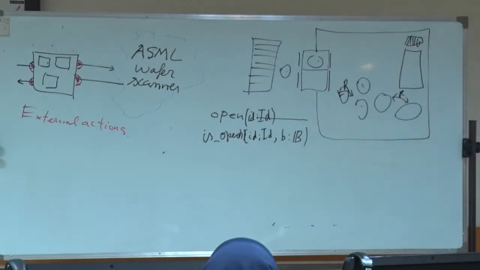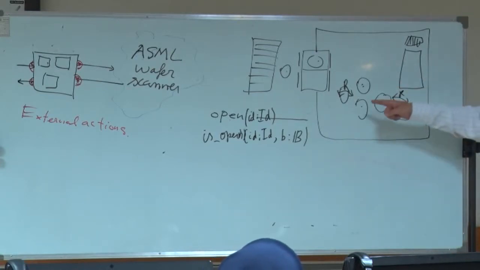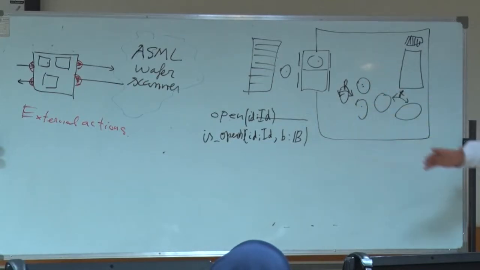If you sit down, all of a sudden there are far more requirements than you initially would think of. I always restrict the students to 10, 12, because otherwise there are too many, but you can easily write down sometimes 100. This robot should not put a wafer there if there is already a wafer there. These very elementary properties are the safety properties, and they are important, and you have these liveness properties.